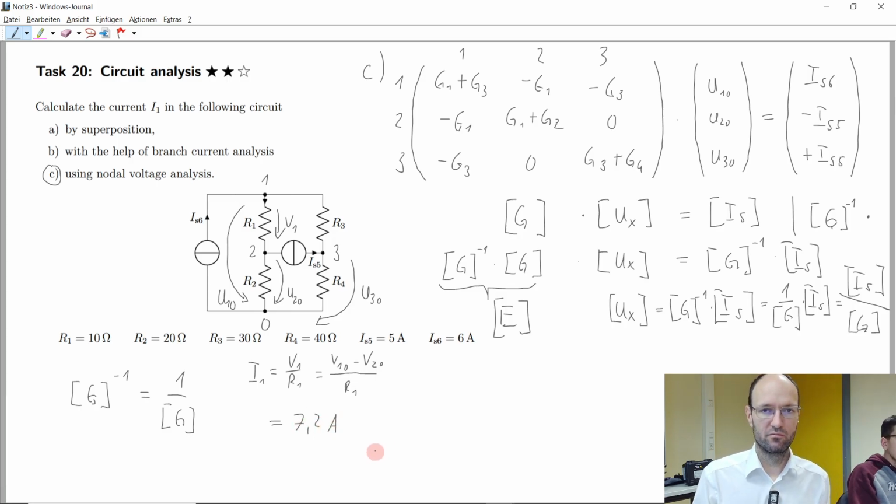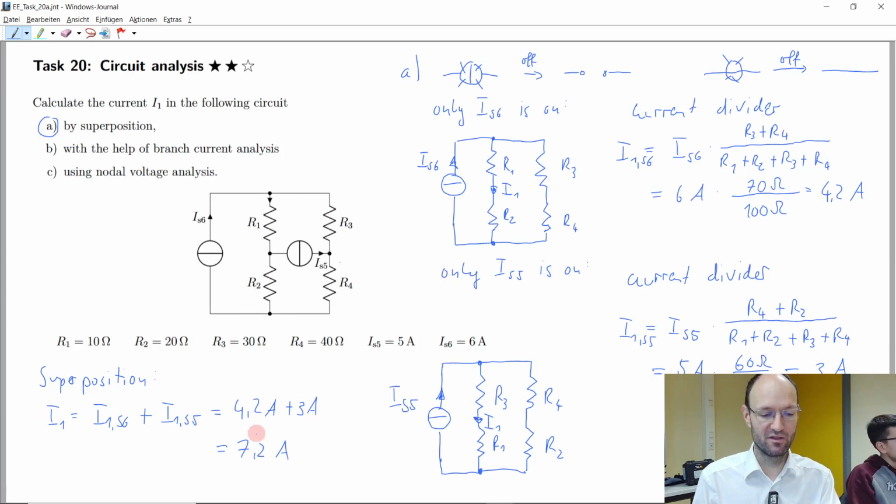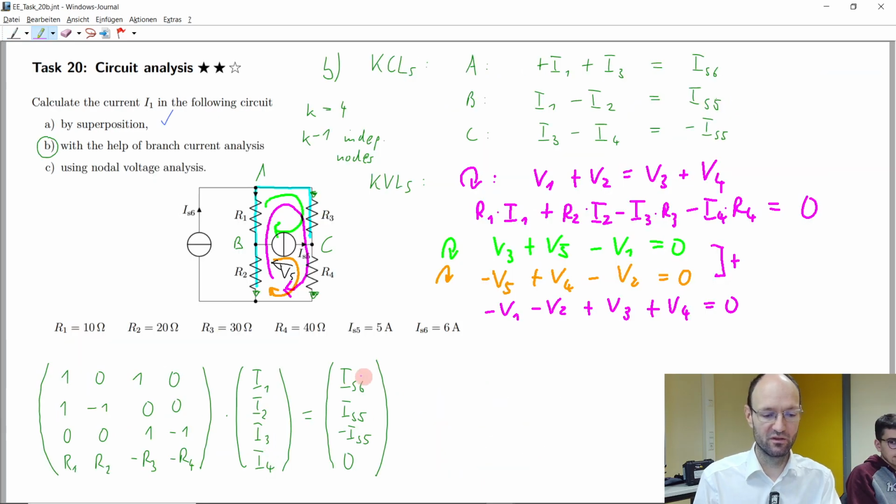And yeah, this would be a nice solution using nodal analysis of this circuit. And of course, luckily we get the same result that we had before with superposition, and we also get the same result that we have not really written down, but that we got here from our branch current analysis.